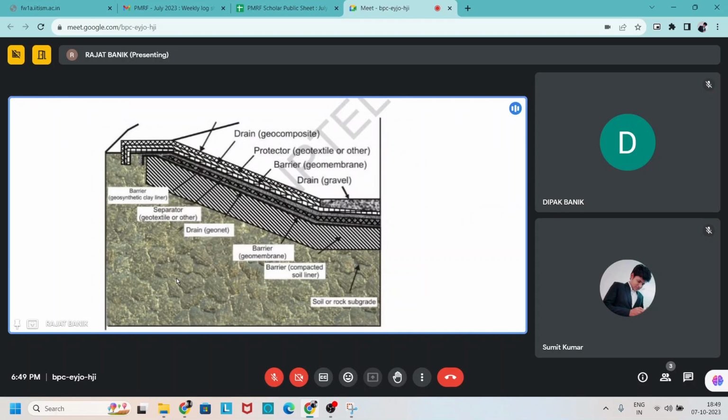There are different ways we can use this geosynthetic material as a barrier, separator, drainage, and filtration also.